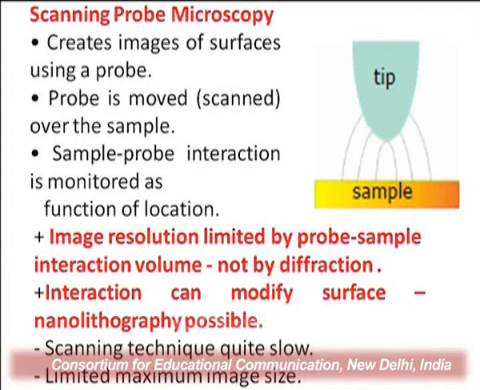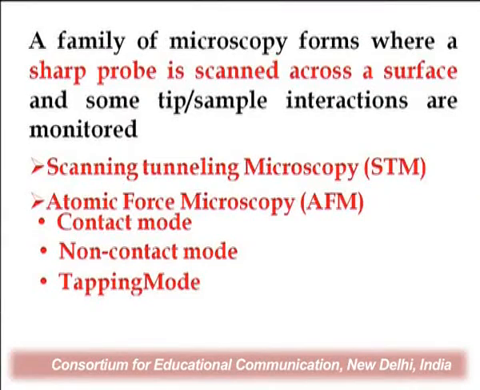Interaction can modify the surface, and then we can find out the property of the material, and that is possible in nanolithography. The scanning technique is quite slow, and it is limited in maximum image size. So scanning probe microscopy is a family of microscopy forms where a sharp probe is scanned across a surface.